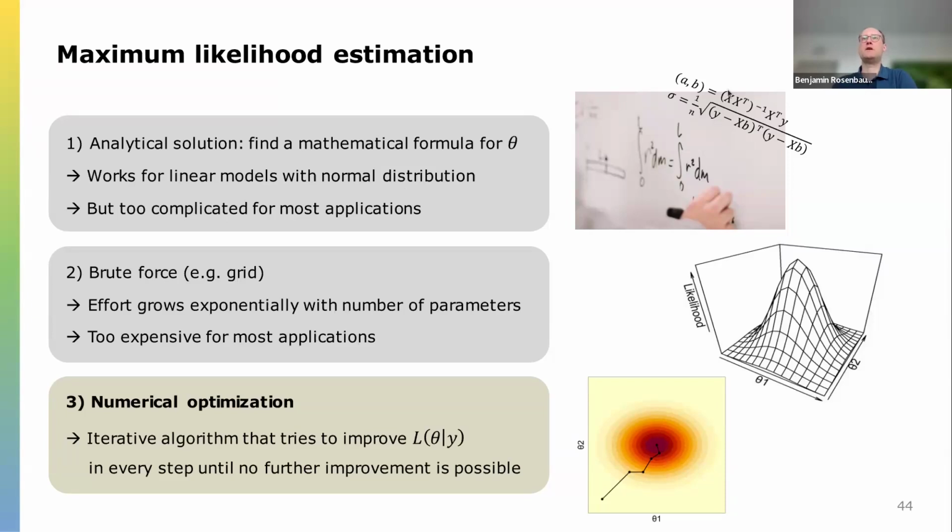For instance, here there's a formula for this A and B. If you have your model matrix, the collection of your values, then you just need a little bit of linear algebra and a little bit of calculus to arrive at these equations. So you have a closed formula where you just put in your data and out come your parameters. But this is usually not possible for models more complicated than a simple linear model. Okay, so we forget about that.